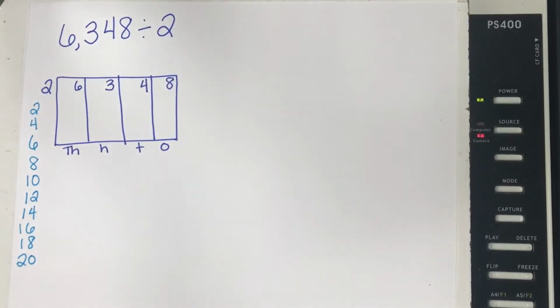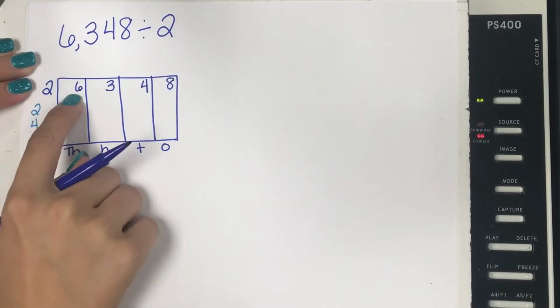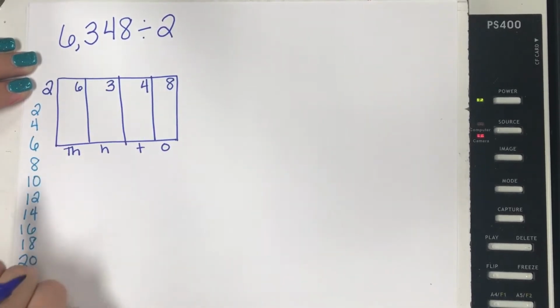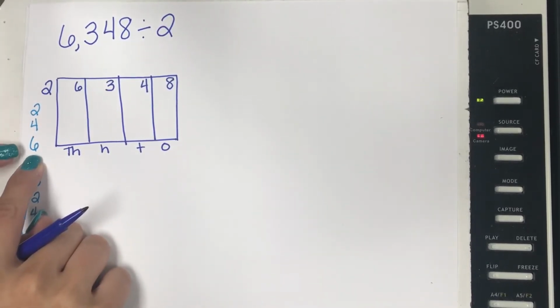And if I'm not sure about that, I can say what's the first number bigger than 6? Well, that's 8. How many numbers above it? 1, 2, 3.